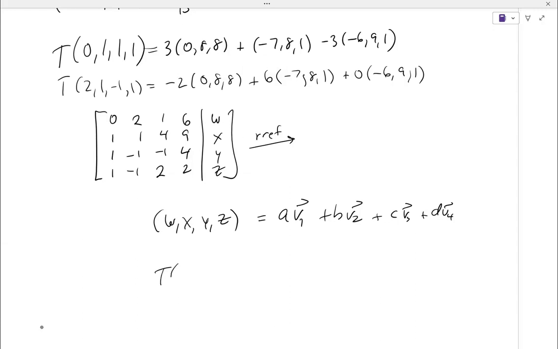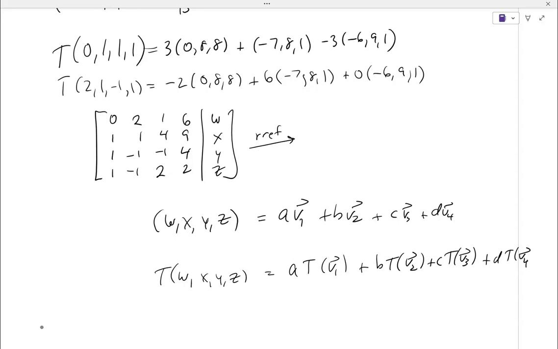Then when I do the transformation of that, I can pull out the constant of each of those and break it up over the sum that way, right? We agree? We can do it that way.